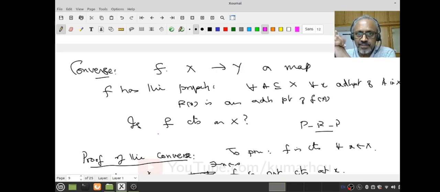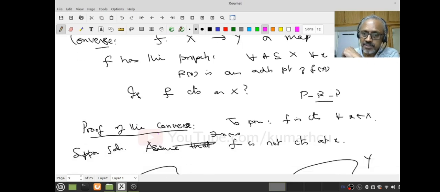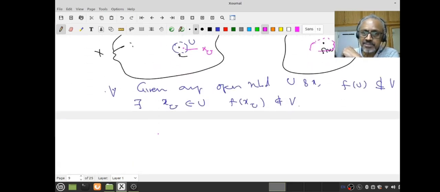You see that? These are the small tricks which I am teaching. Whenever the hypothesis says for every element something happens, in the proof you have to make a smart choice of that element to arrive at some contradiction or to conclude the result. Here I want to arrive at a contradiction. So I have to find A and I have to find an adherent point of that particular set A also. Now look at the way we are done. What do you think the set is?